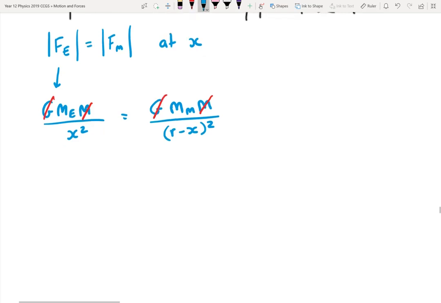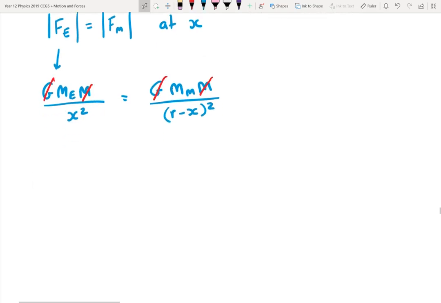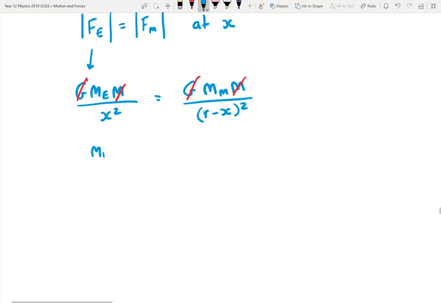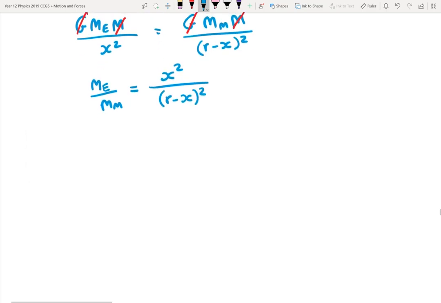All right, let's throw all of our masses onto the left-hand side. So I'm going to divide through by the Moon's mass, and then I'm going to put the x's on the other side. So I've done two steps at once: I divided through by mass Moon, multiplied through by x squared. I will take the square root of both sides, and that leaves us with x on r take x.